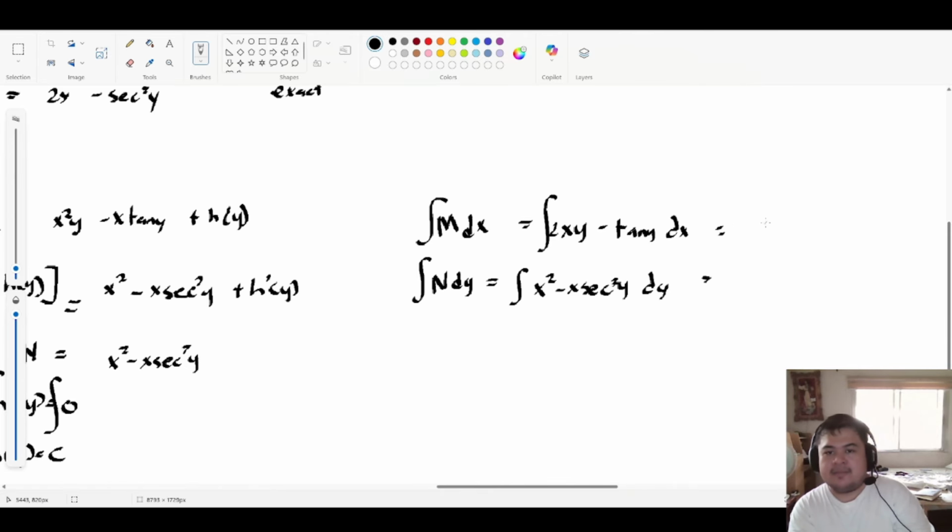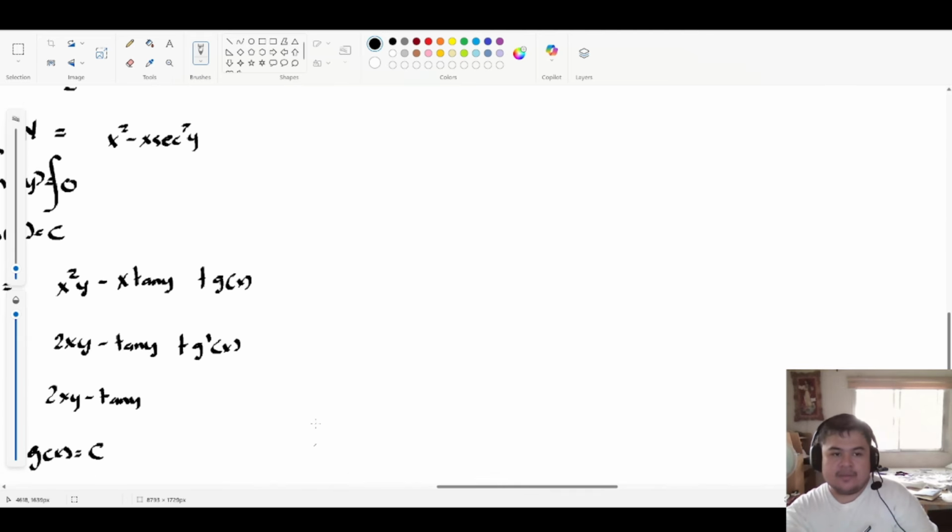It will become x squared y minus x tangent y plus h of y, and this will become x squared y minus x tangent y plus g of x. And that's basically the same, right?